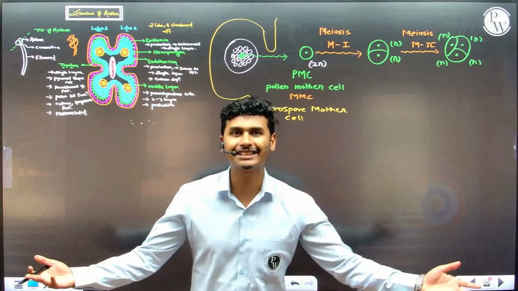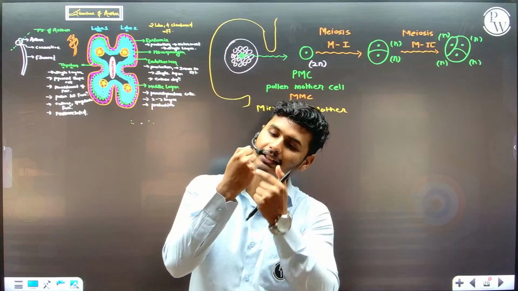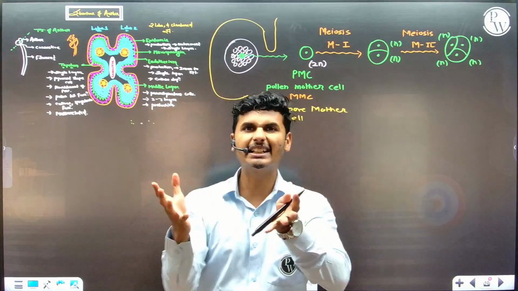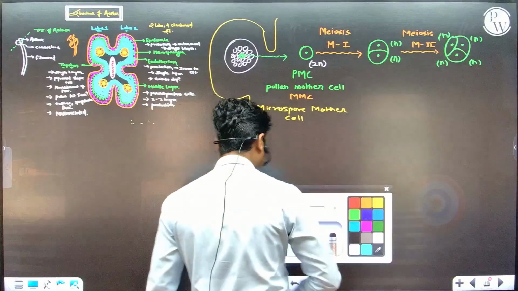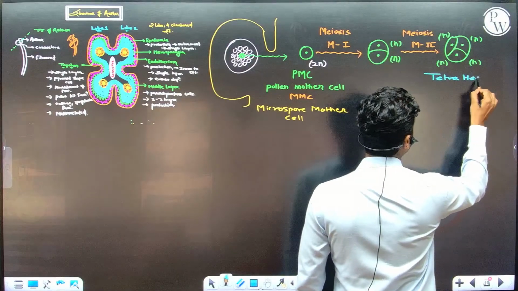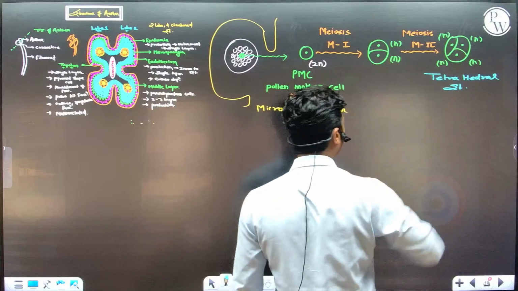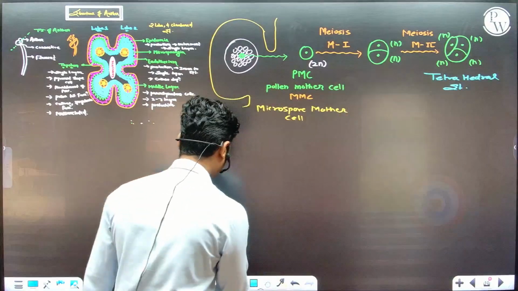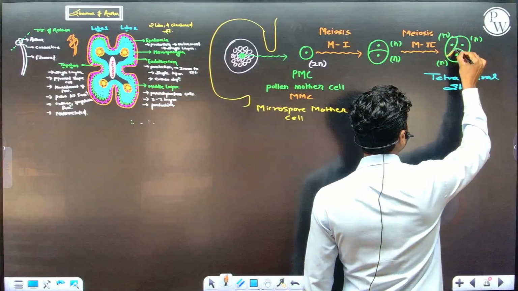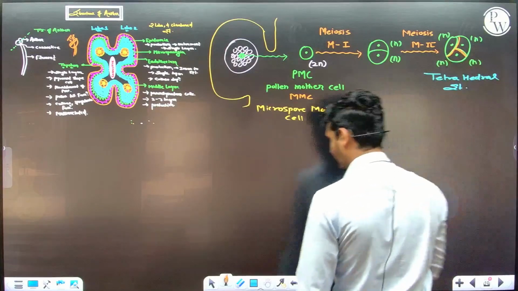Now, where is the 4th cell? Here is one cell, here is another, and here is a third one. The 4th one is at the back. It is a spherical tetrahedral structure. All 4 have one substance deposited into the wall.